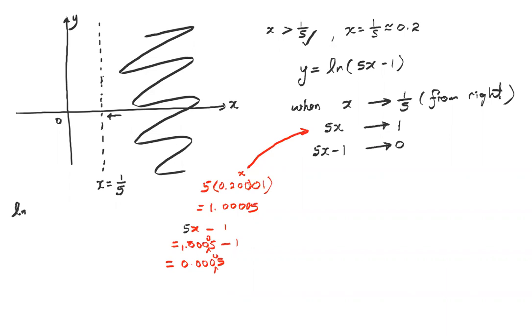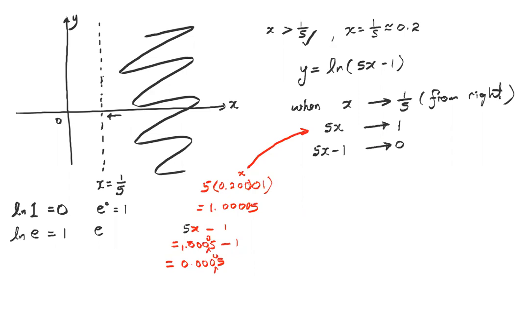ln 1 is equal to 0. Agree with me? Because e to the power of 0 is 1. ln e is 1. Agree with me?